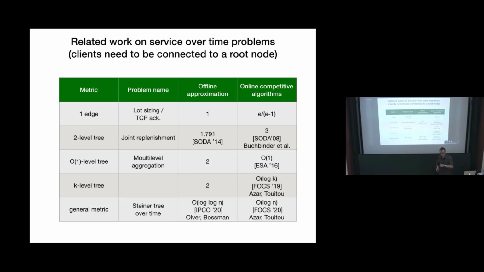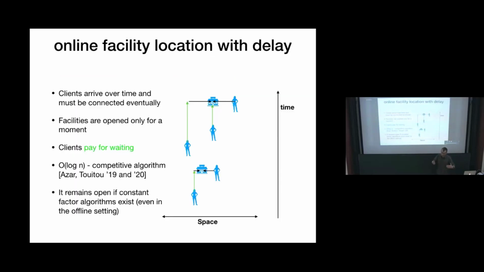Okay, but let's go back to facility location. So we will be studying facility location all the time. To service a set of clients, I need to open facilities and connect them to these facilities. So we are back to the previous slide. We have these clients, they arrive over time and we pay for the waiting time plus connection time.